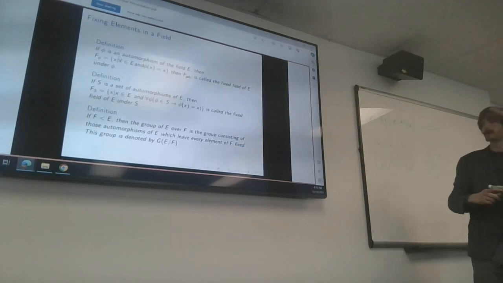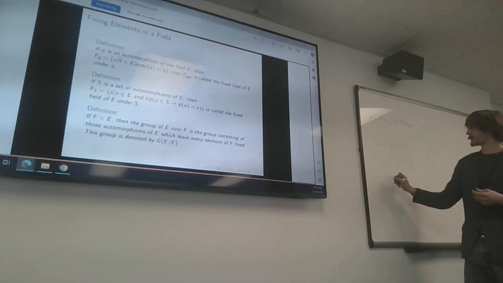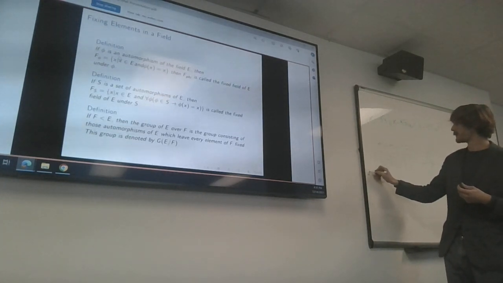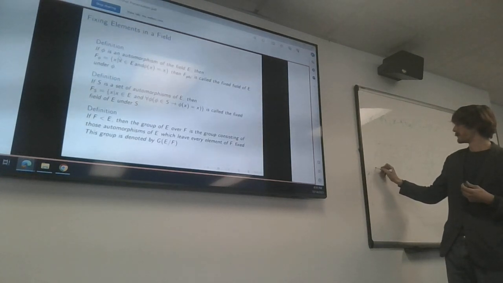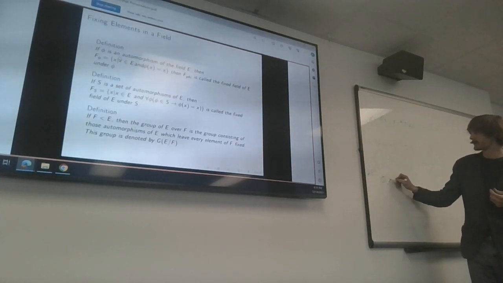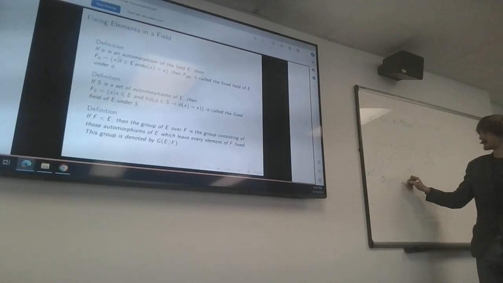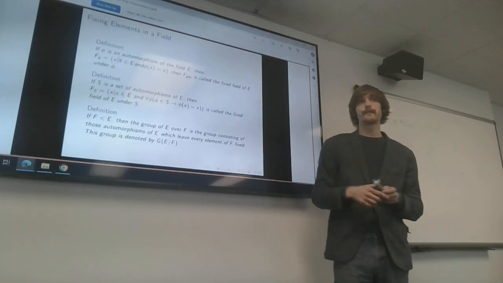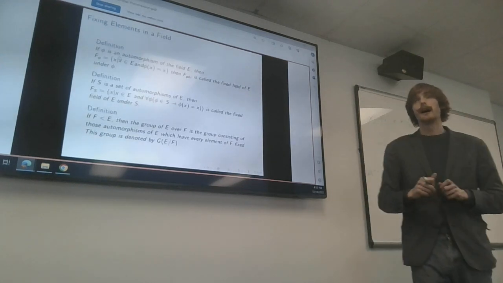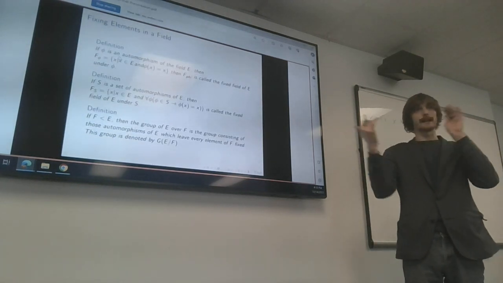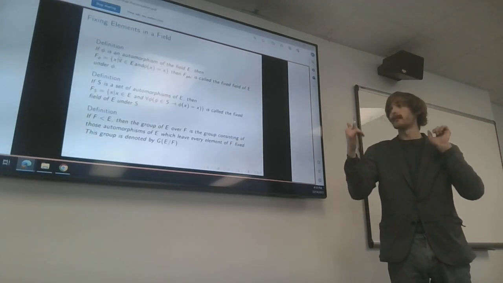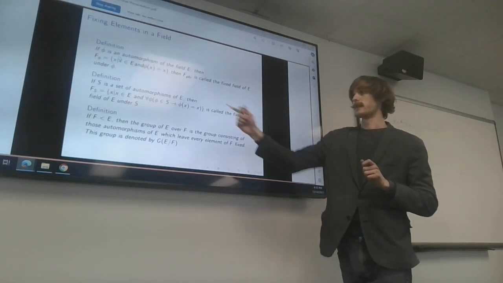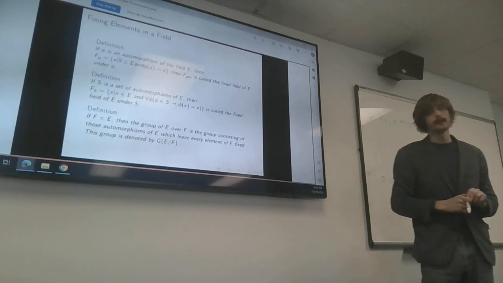Fixing a field means that if you have any element A in a field, phi of A is still equal to A. This is a really important definition. If you have any set of automorphisms S and those automorphisms leave some field fixed, then it's called the fixed field of E under S.